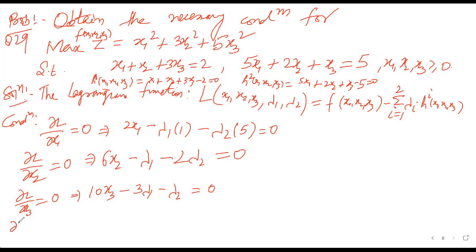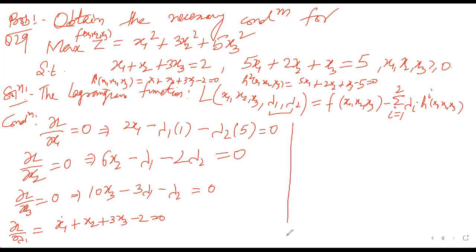Then del L over del lambda 1, because you have two Lagrange multipliers, gives the same equation: x1 plus x2 plus 3x3 minus 2 is equal to 0.